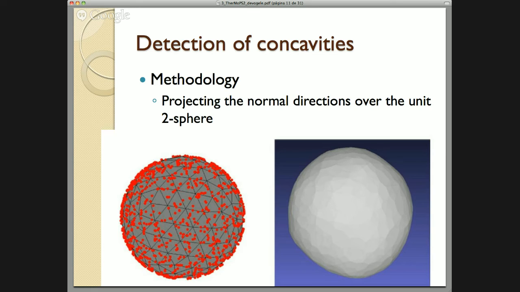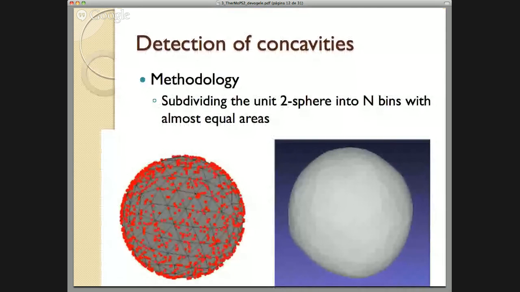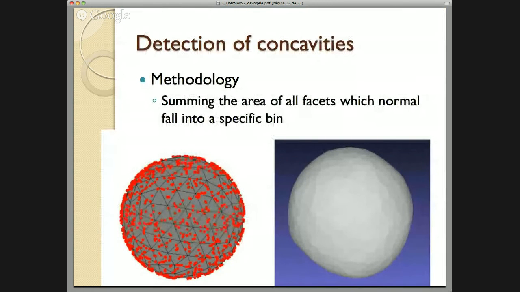Then we sum the area of all the facets whose normals fall into a specific bin. For example, if we take that bin specifically, we sum the area of all the facets which are here. We have about four facets falling into this bin, so we sum the area of all these facets.